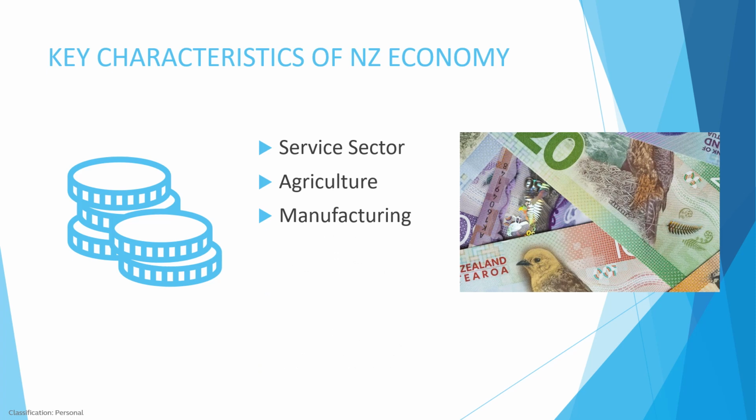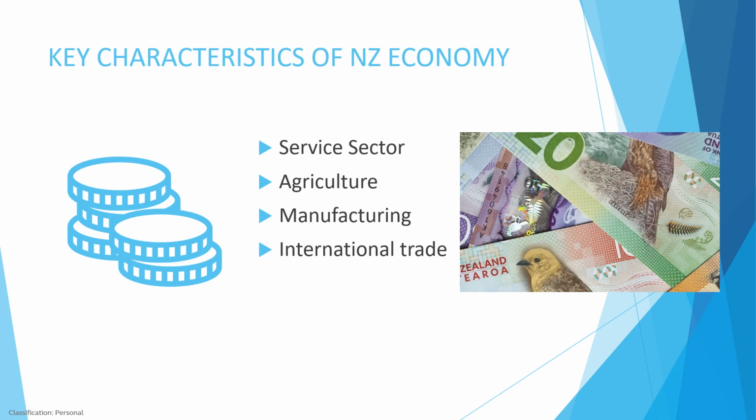The third is manufacturing, a relatively small sector of the economy, accounting for around 11% of the GDP. Key manufacturing industries include food processing, machinery, and wood products.